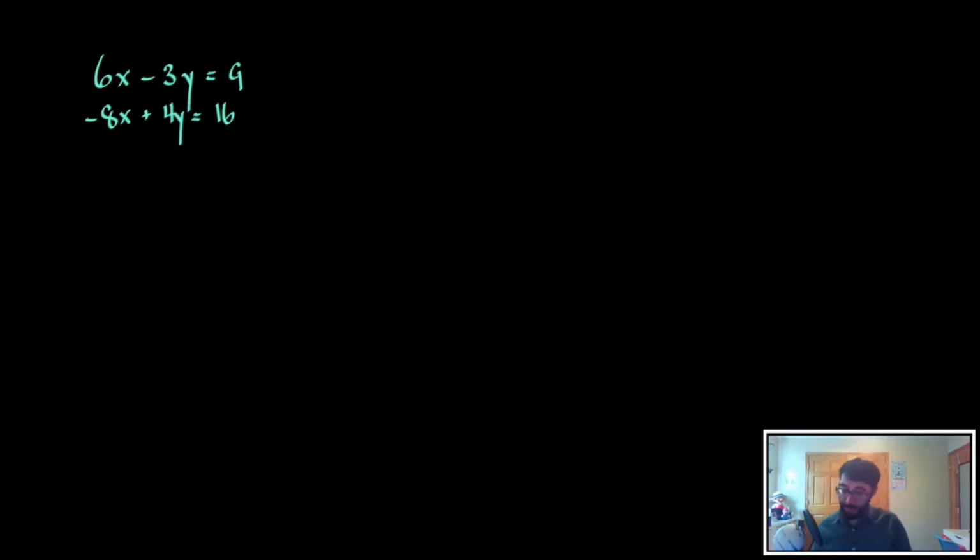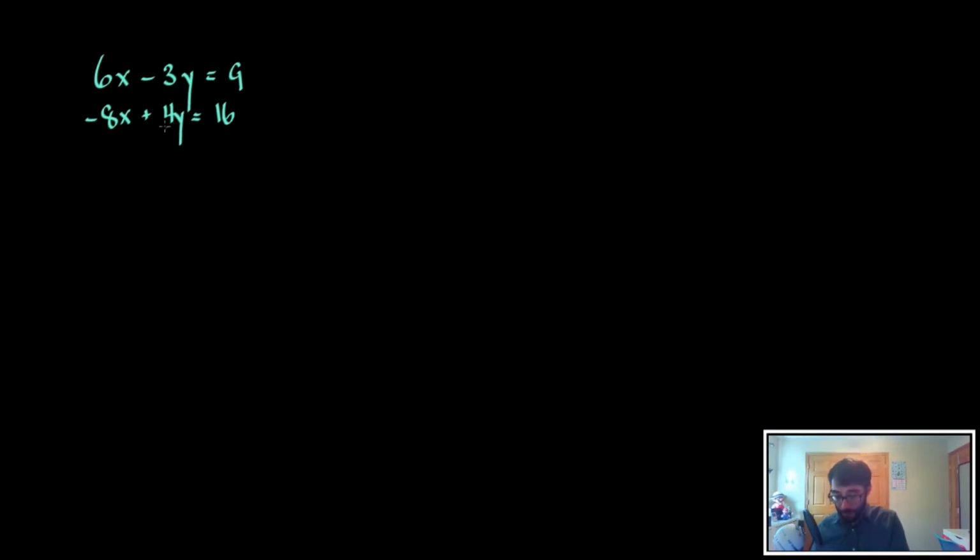So I'm looking at the system, and I don't have any coefficients that are the same for x and y. If I added these two equations together, nothing would cancel out. So maybe not elimination yet. I'm also looking at substitution. Is it easy to solve for any variable? Well, it might not look that easy, but in both equations, y would be pretty easy to solve for without having any fractions.